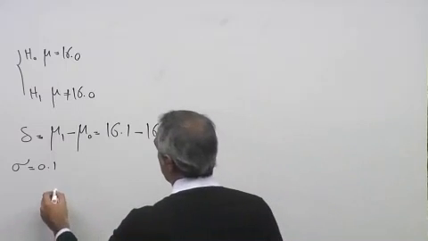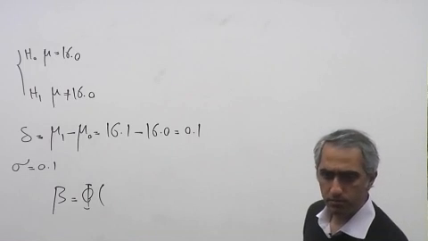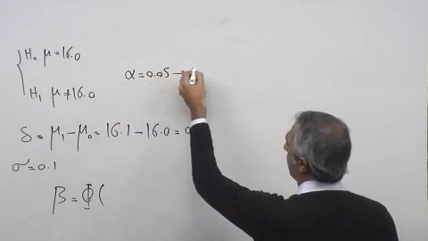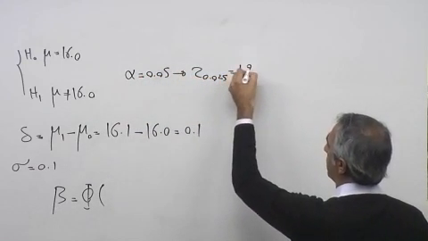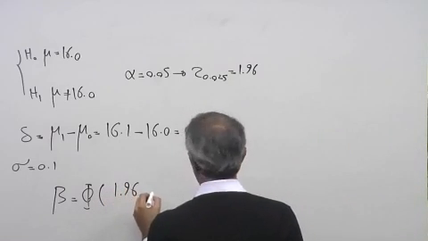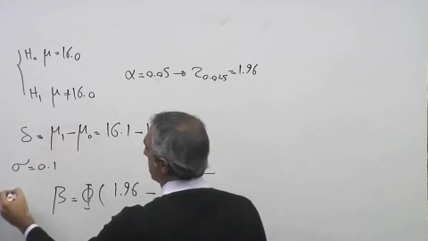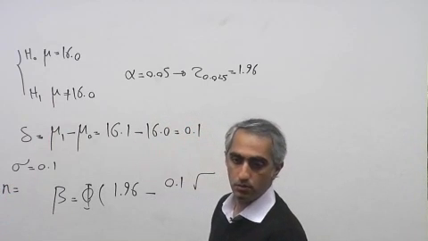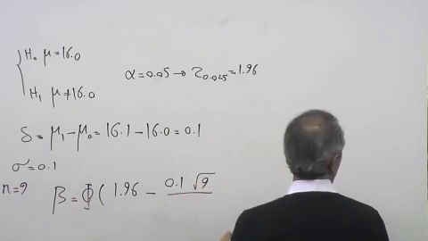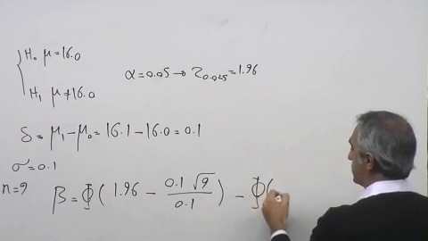So your beta at the end of the day is phi of, what is alpha here? 0.05. So alpha is 0.05, therefore z of 0.025 is 1.96. Phi of 1.96 minus 0.1, your sample size is 9, so square root of 9, sigma is 0.1. Phi of the same thing with negative sign.